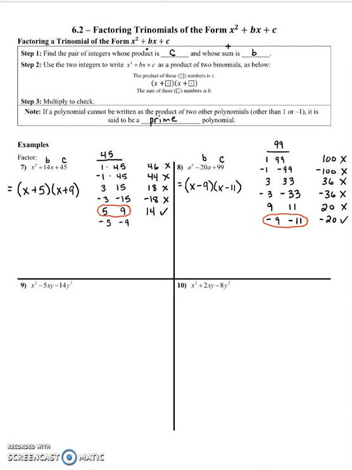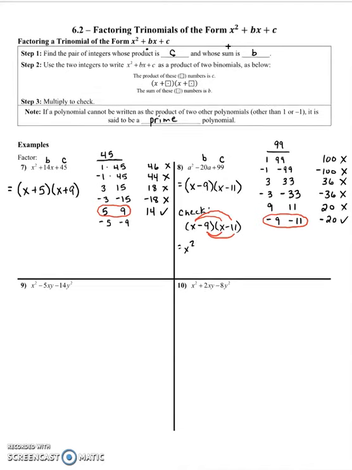Now, we didn't check the last one, but let's check this one. So if we check it, we just multiply it out. Remember, that's a FOIL. So we have to do the x times both things, and we have to do the negative 9 times both things in the other parentheses. So x times x is x squared.